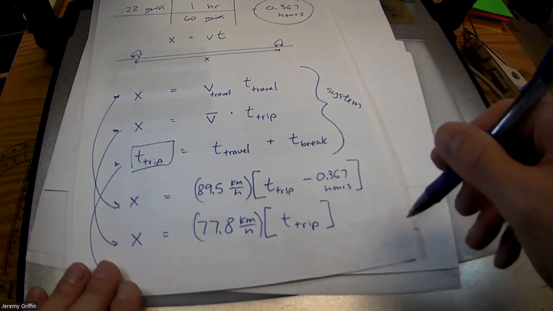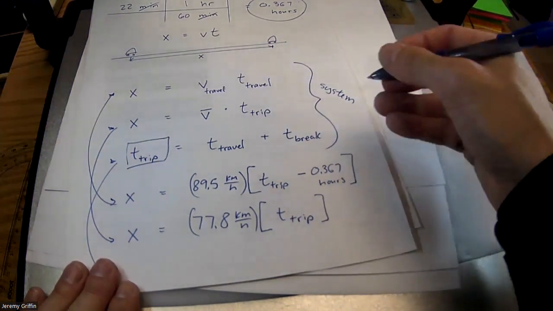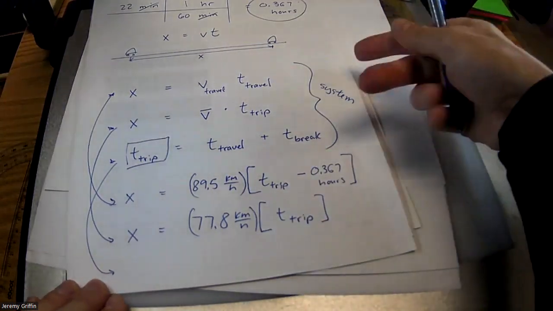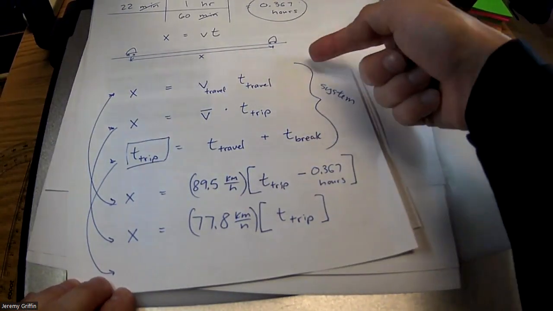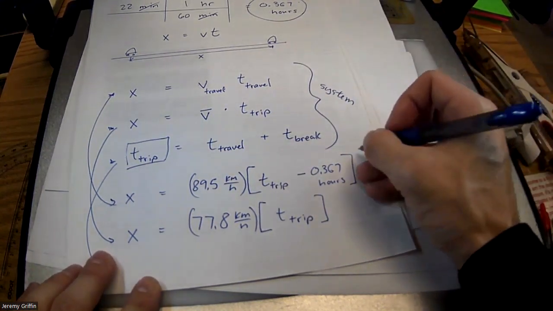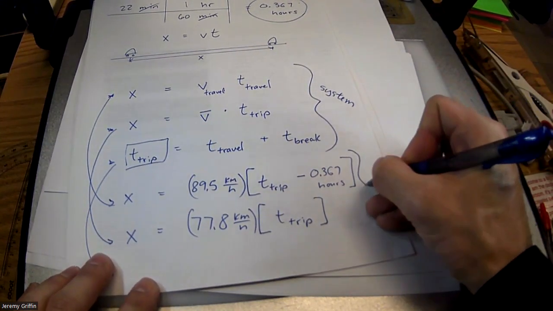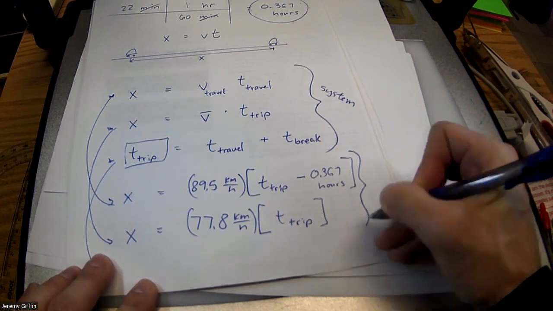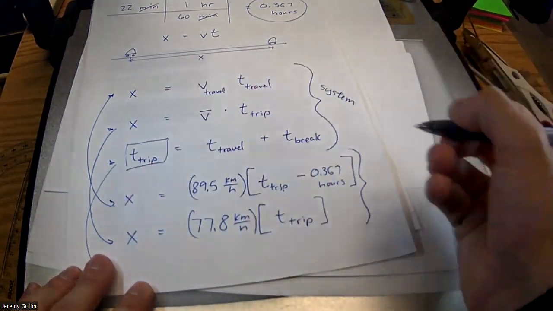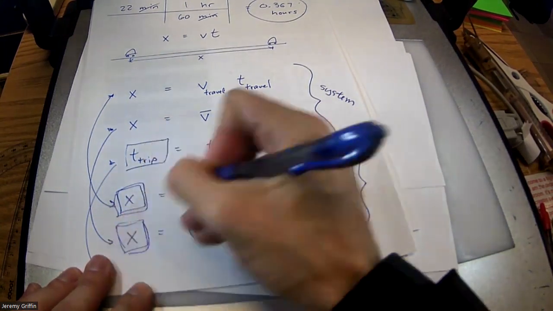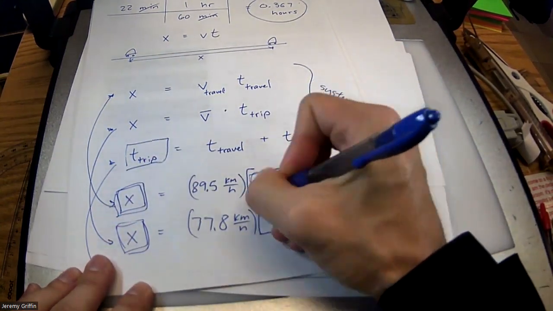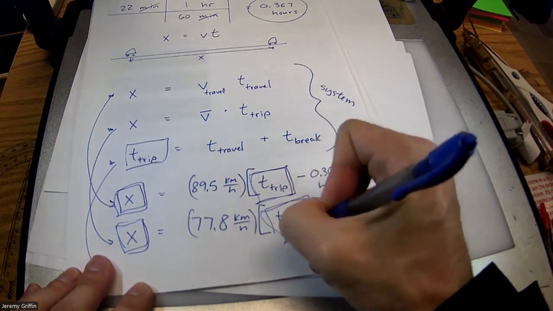There are a few different ways to approach this, but I originally had three equations, and I already substituted the third one into the first one, so that boils it down to two. See how there's only two unknowns at this point? You don't know this x, and you also don't know the total trip time. You guys see that?